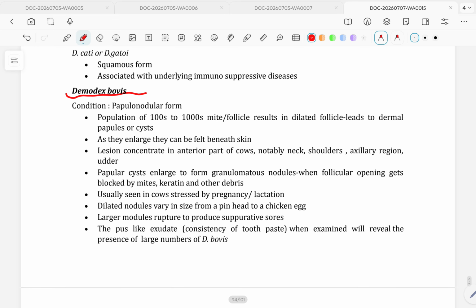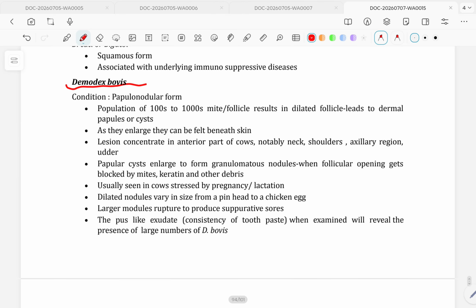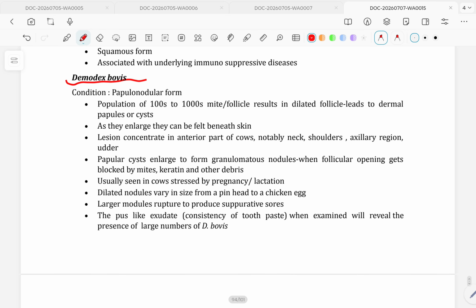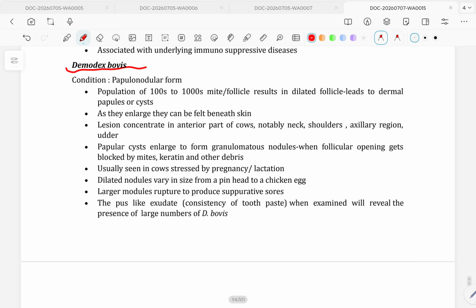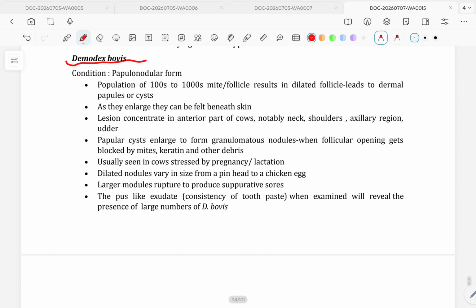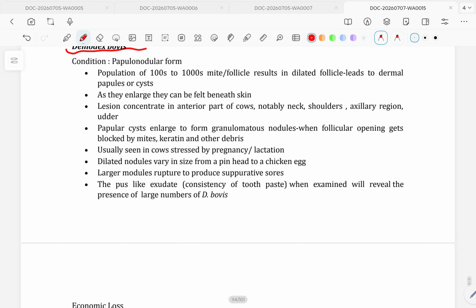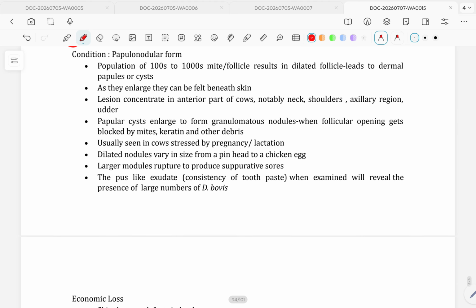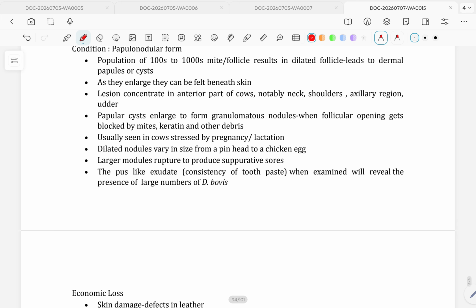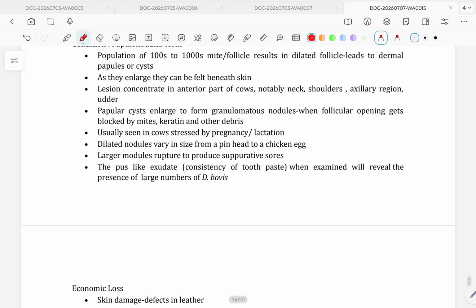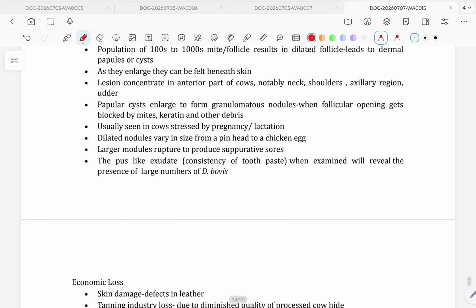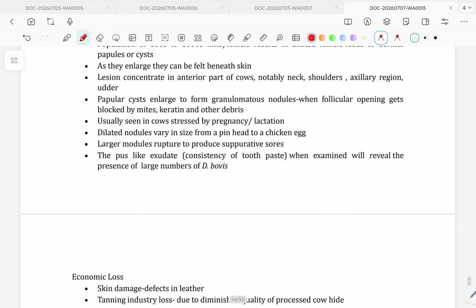Lesions concentrate in the anterior part of the cow, notably neck, shoulder, axillary region, and udder. Papular cysts enlarge to form granulomatous nodules when the follicular opening gets blocked by mites, keratin and other debris. Usually seen in cows stressed by pregnancy or lactation. Dilated nodules vary in size from a pinhead to a chicken egg.